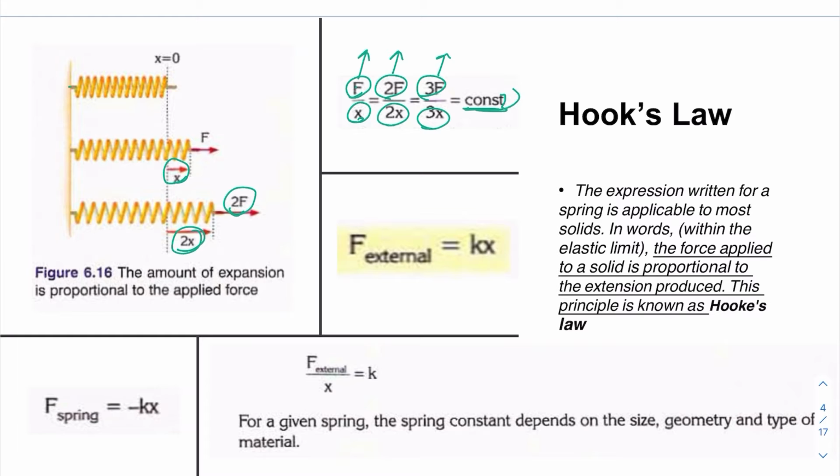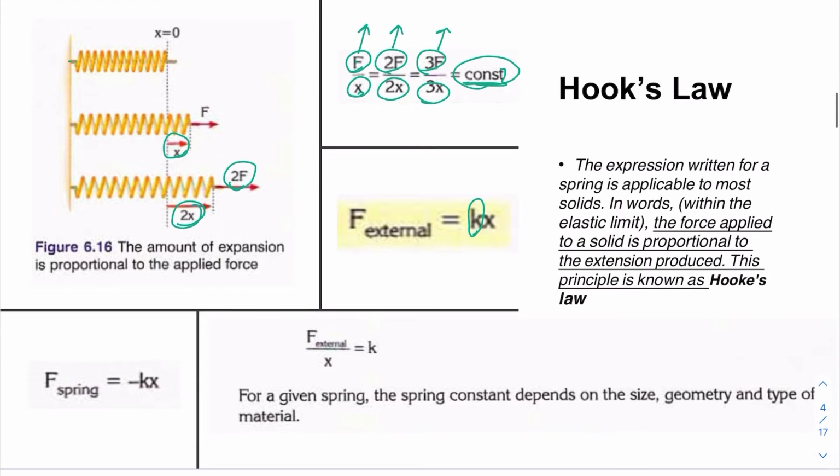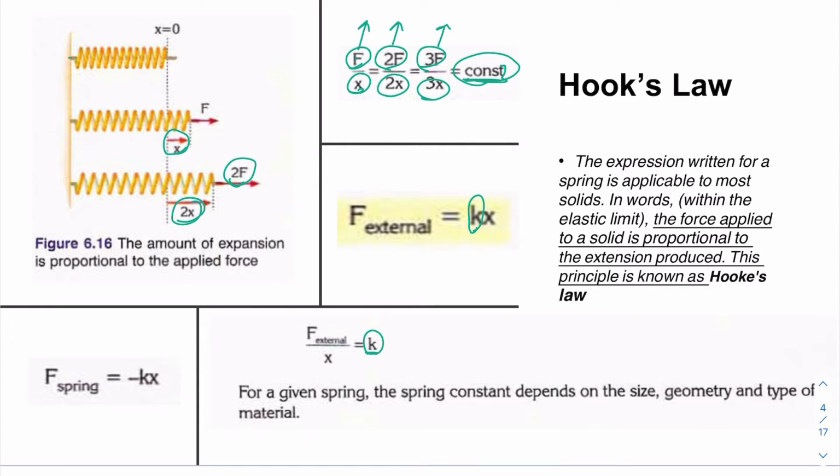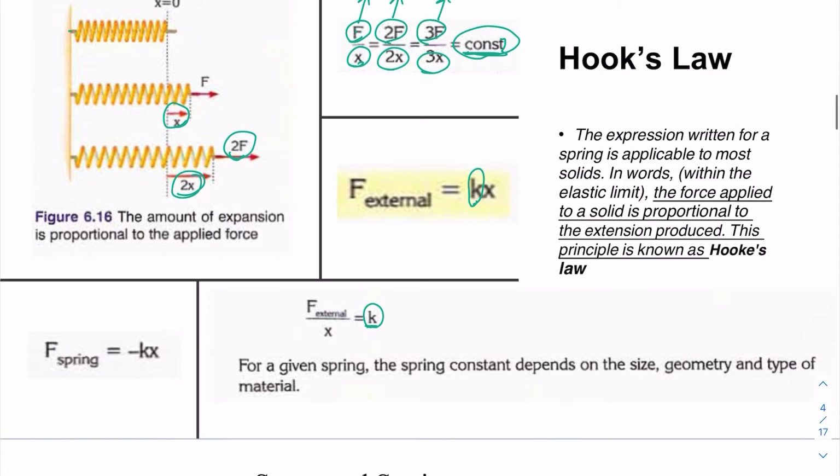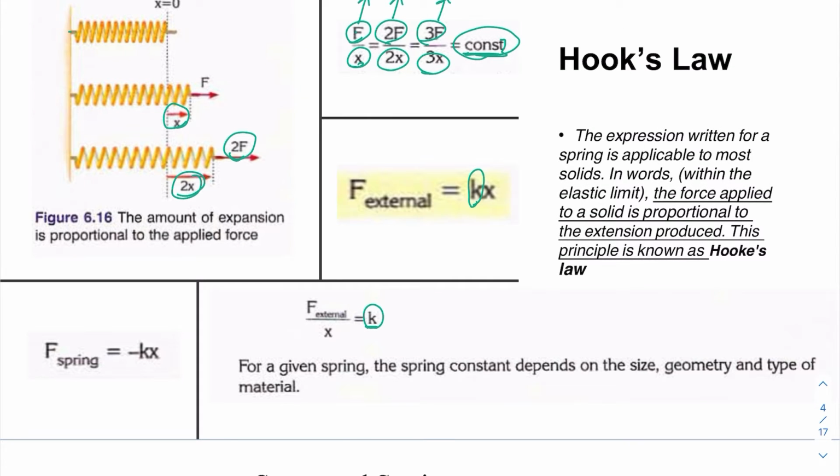This number is constant, and it is called the constant of the spring, which we show by K. So K is the spring constant. Hooke's law says that the force applied to a solid is proportional to the extension produced. This principle is known as Hooke's law.